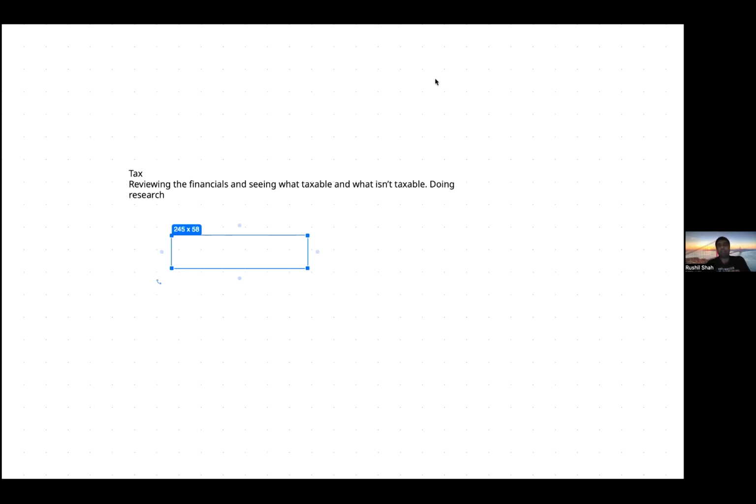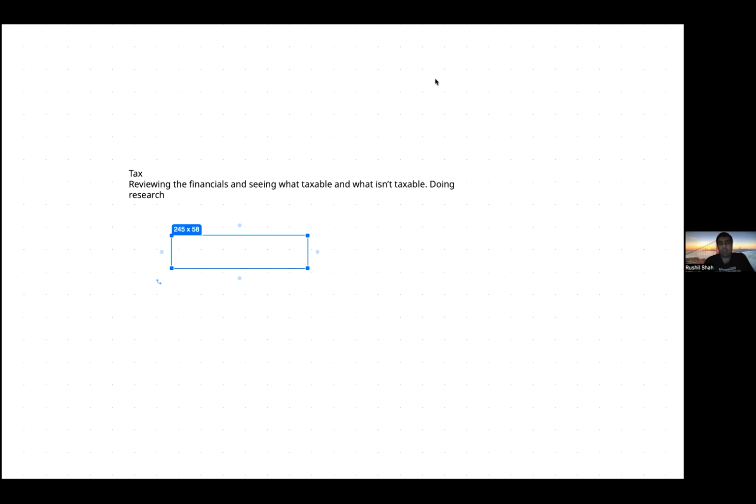I don't know too much about tax, but I think there's TurboTax, or tax systems that do this for you, though I don't know how it works.